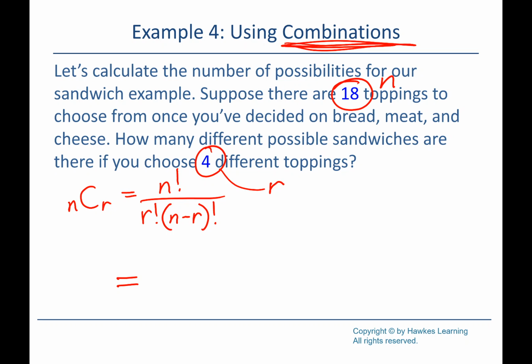We just plug in and simplify. So on top, we've got 18 factorial. On the bottom, we have 4 factorial, and then 18 minus 4 factorial, which would be 14 factorial.